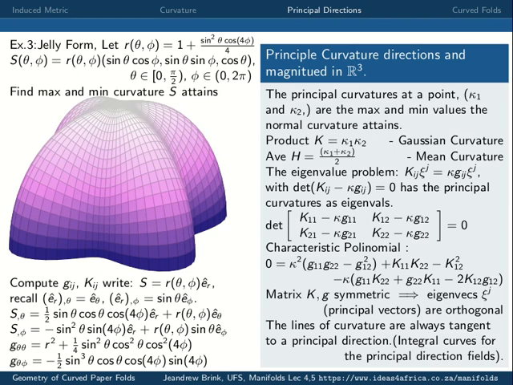You can put a sheet of paper down, or a plane, and rotate the plane making sure that the normal vector remains in the plane. And you simply choose the angle so that the curvature it makes is the biggest or the smallest. Those directions are what we call the principal curvature directions, and they are related to the eigenvalues of that system.